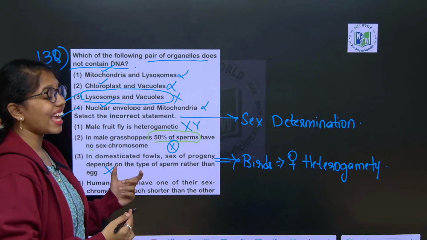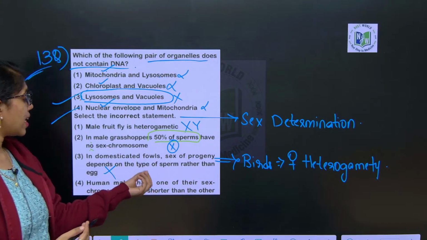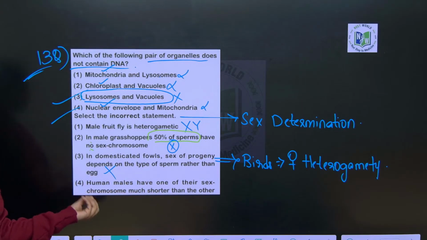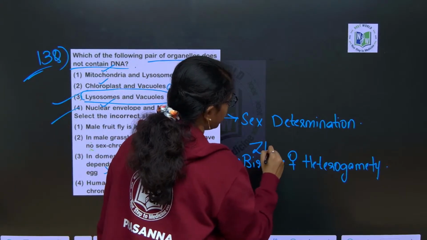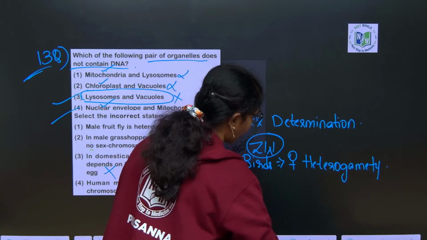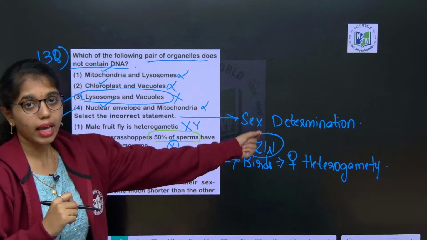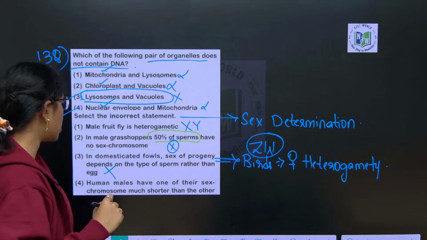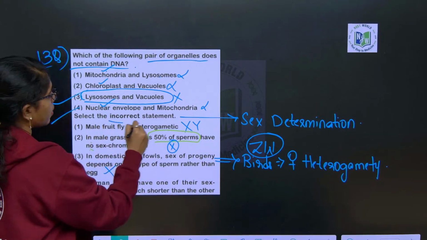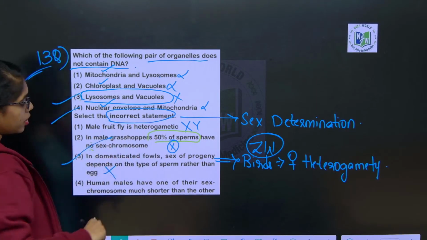So yes, it is the egg that decides the sex of the individual in birds, not the sperm. They have ZW. Heterogamety you can see in the females, not in males, in birds. So here the incorrect statement is option 3.